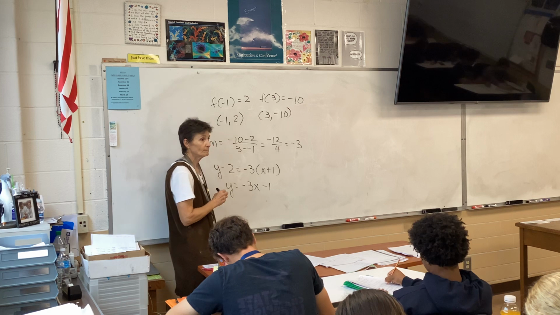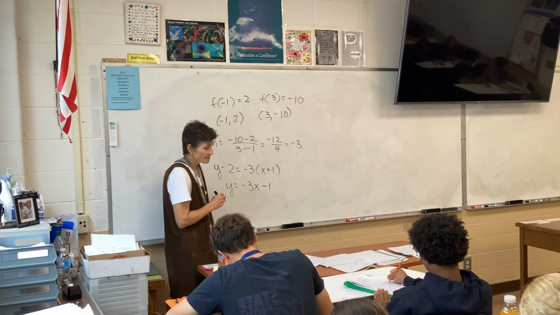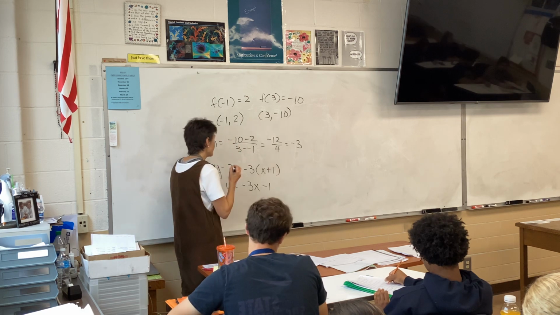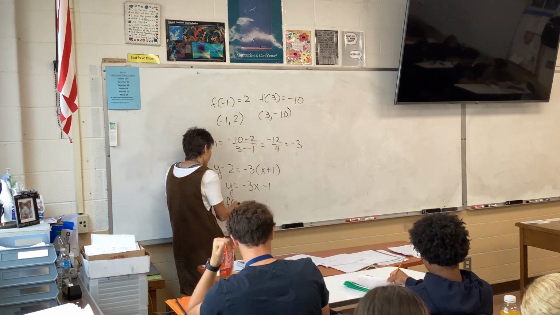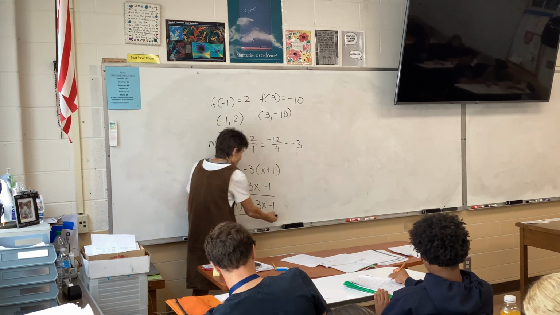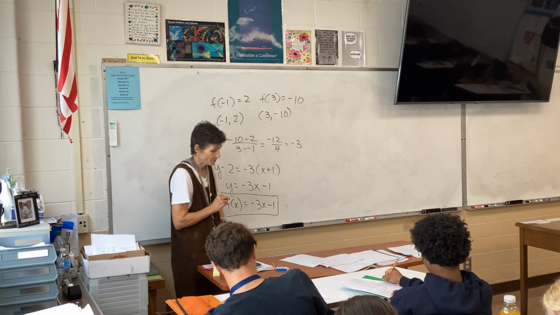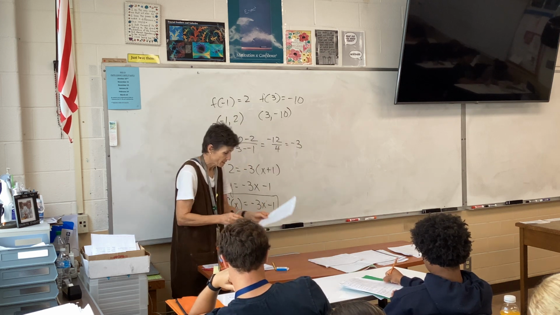Does that look okay? And then since the directions say linear function, we'll go ahead and write it as a function. But isn't that just the equation of a line? Easy peasy. Nothing to it.